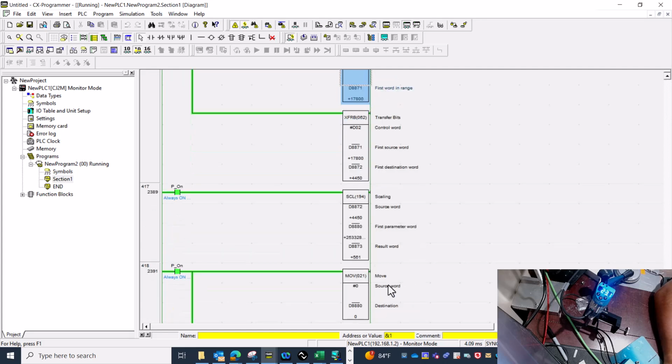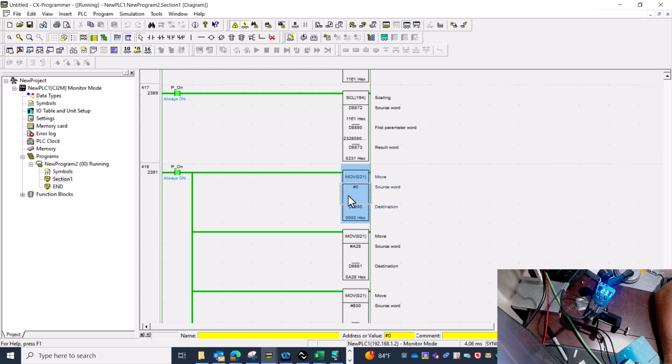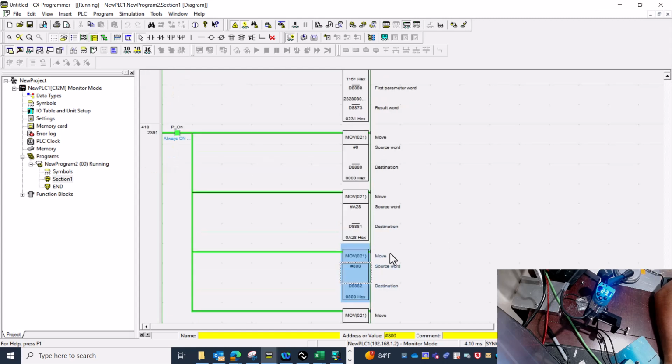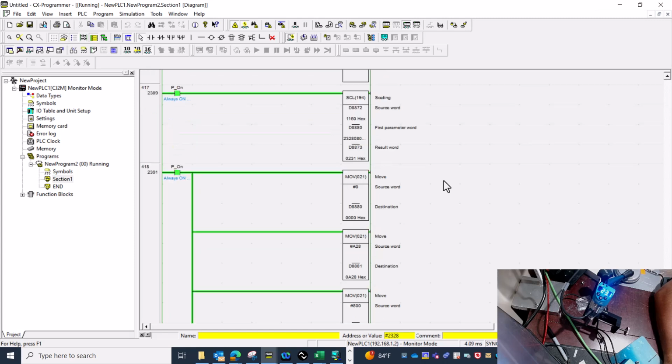So what I did here is I've got my scaling instruction, and these are just the source words, the control for the scaling function. Since I didn't want to put a negative in here, I just said 0 instead of -20. If you look here, you see I can put it back in decimal. If I would have put -20 in here, then I just would have put 1,000 here.